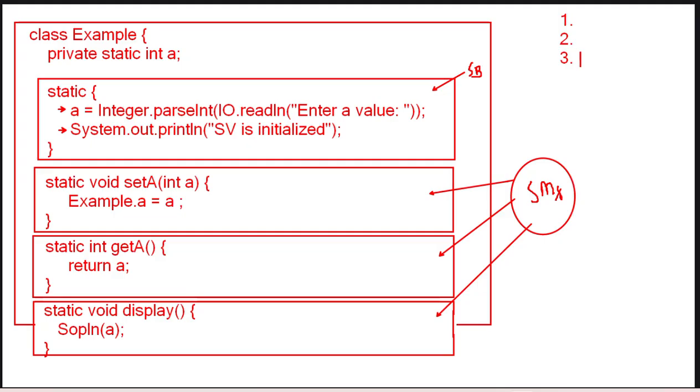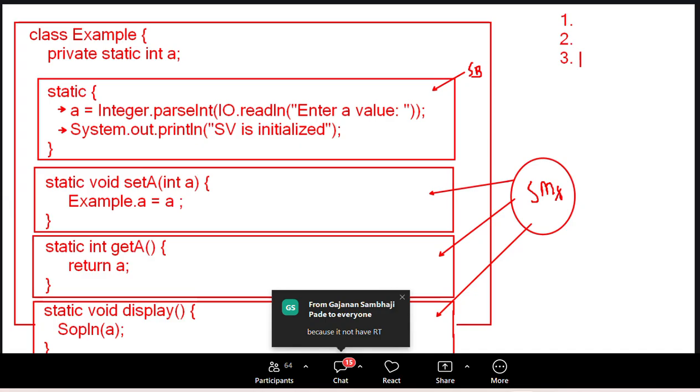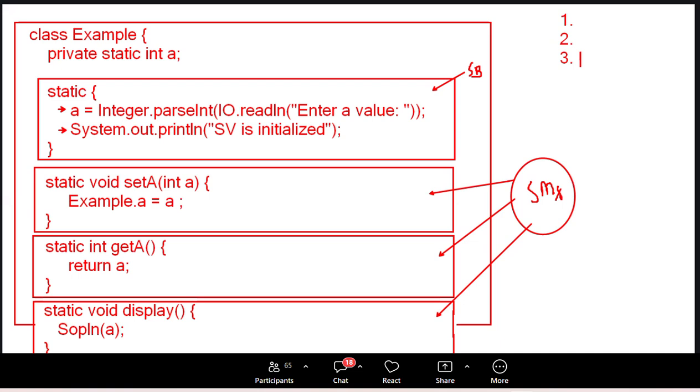Okay, now why is return semicolon not allowed inside static block?